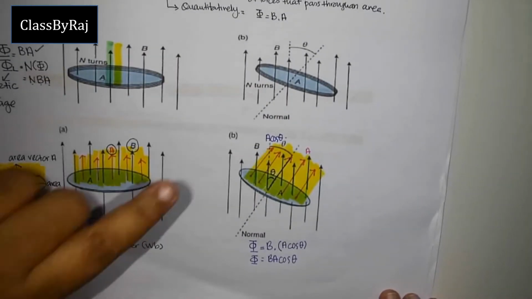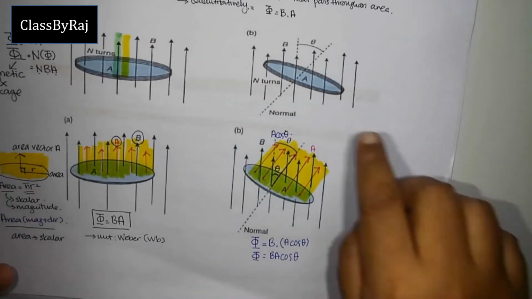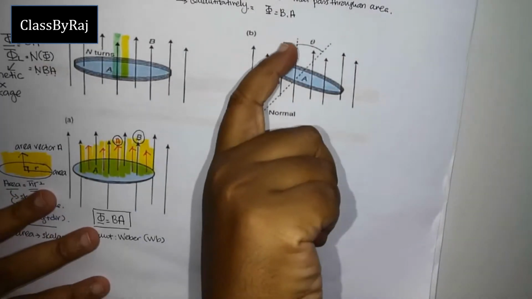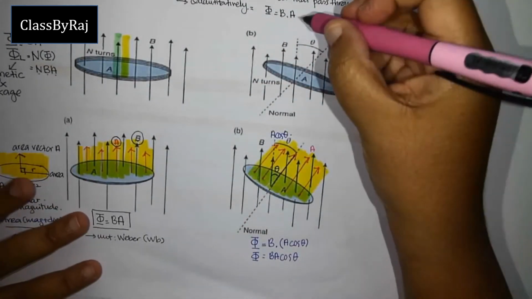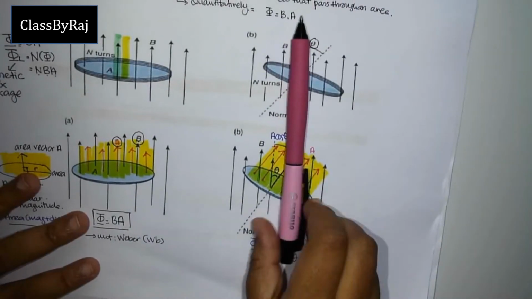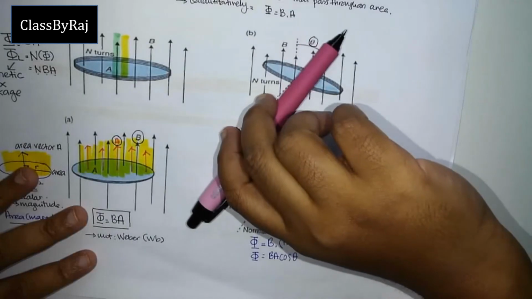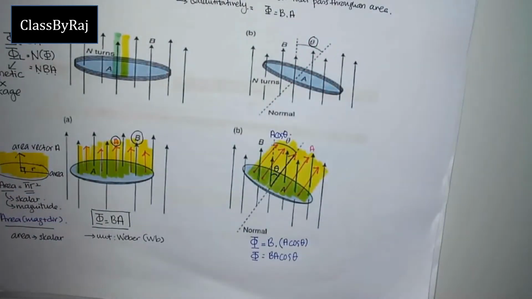Now what about this kind of question, where you have a number of turns of coil, but it's tilted with an angle of theta from the normal? This is the normal, and now the coil is tilted with an angle of theta. How do we solve this?